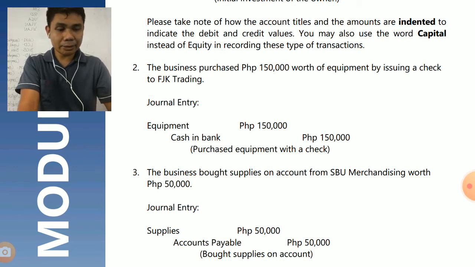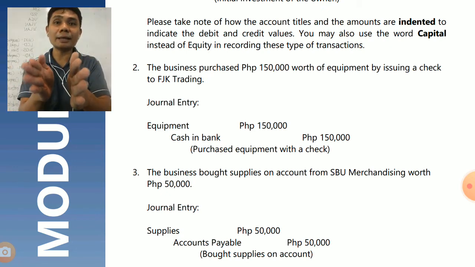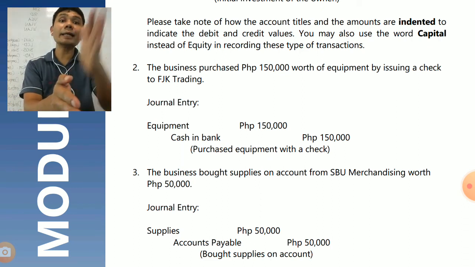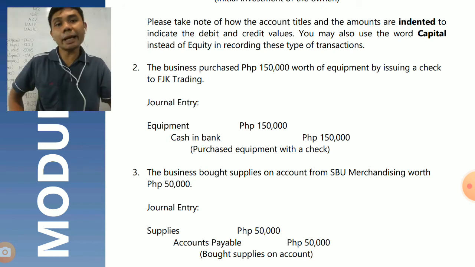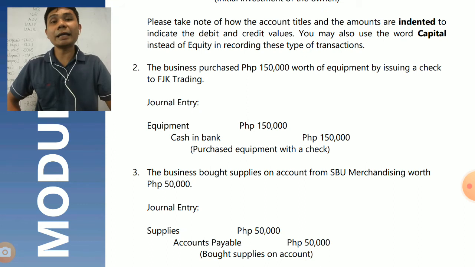So from the normal balance nga debit, i-decrease nimo pinaagi sa pag-credit. That is why we credited cash in bank to signify nga nag-decrease ang imong asset nga cash in bank.